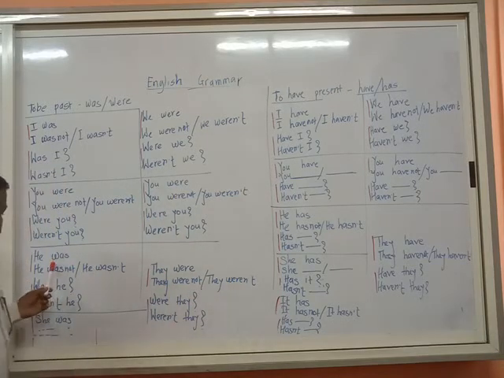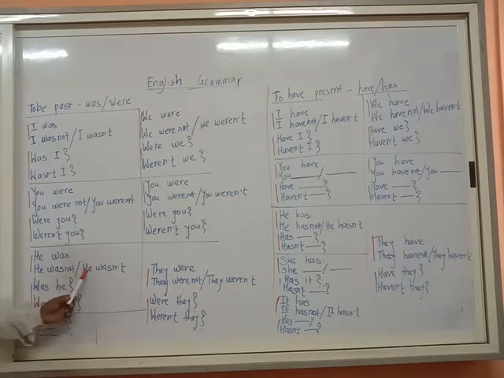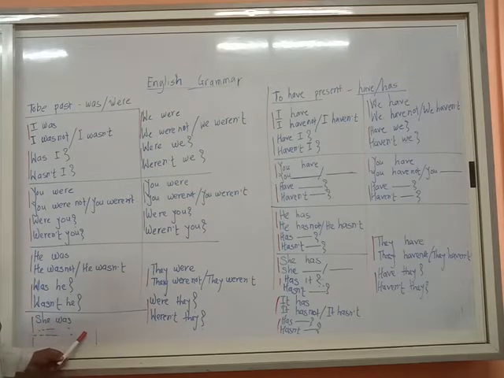Next, he was not, or best way, he wasn't. Was he, wasn't he. Then you have to complete she. He, she and it. I have not given here the complete chart of he, she and it. She and it are in the same way. She was not, or she wasn't, was she, wasn't she.